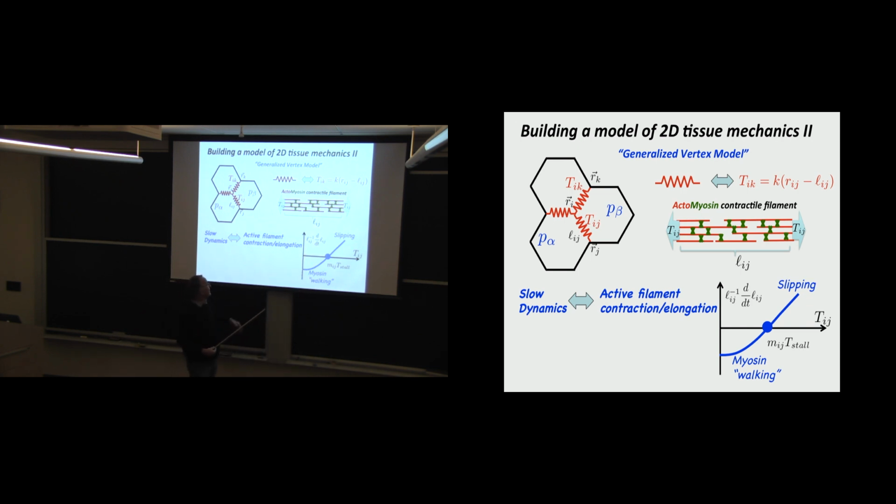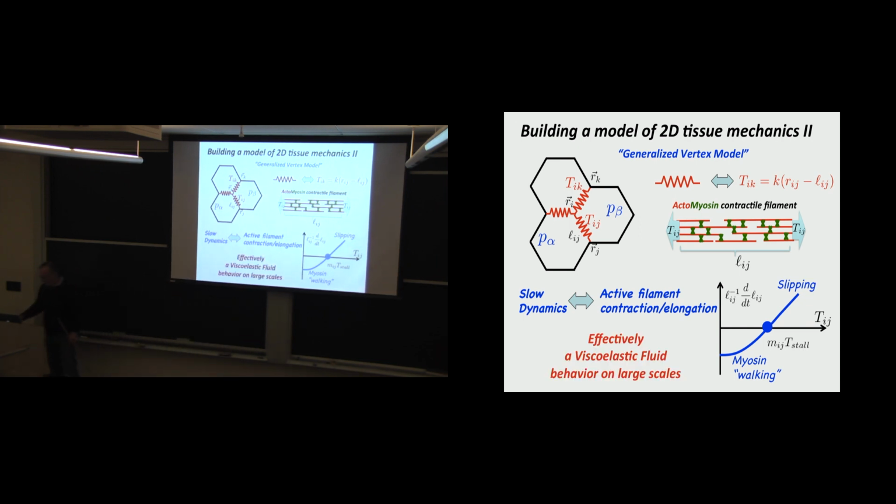There are reasonably well understood walking properties of this myosin. If it doesn't carry a load, it will walk. There is some critical load that will stall a myosin molecule, that sort of corresponds to this equilibrium point here. And too much load, the whole thing will slip.